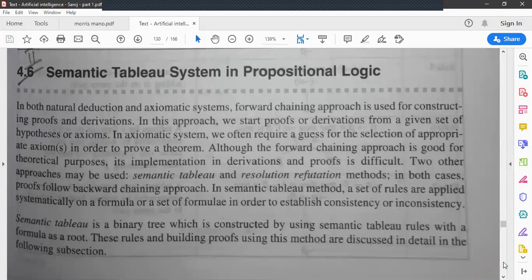The main problem of NDS, that is natural deduction system, and AS, that is axiomatic system, is that they require a lot of guesswork because you need to ensure that you are putting the right kind of rule to deduce the required formula given, and as this derivation process evolves, eventually the result you get should be the same as whatever was asked in the theorem.